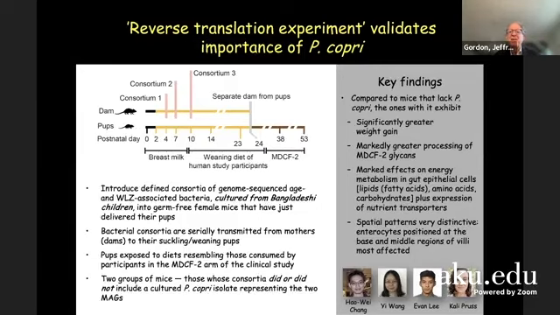We returned to those gnotobiotic mice that began our journey, and we did the following experiment. We introduced defined consortia of genome sequenced, age, and WLZ-associated bacteria that had been cultured from the very population where we had done the clinical trial. And we introduced those consortia of genome sequenced bacterial strains into germ-free female mice that just had delivered their pups.